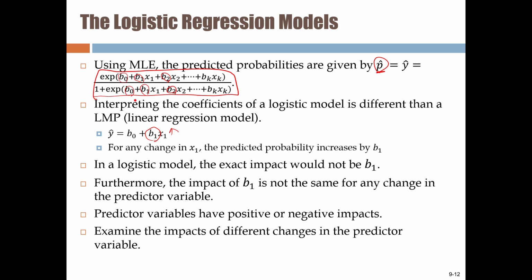However, when X1 goes up by 1, according to this formula, P will go up or go down accordingly. So the exact impact would not be B1, obviously, because it has passed through this complicated formula, right?